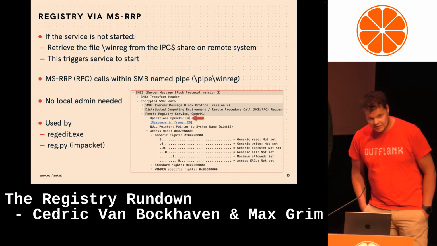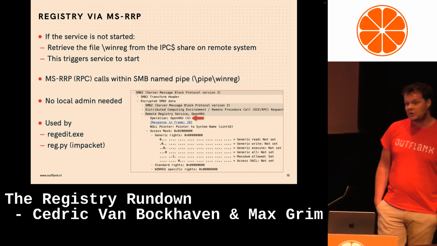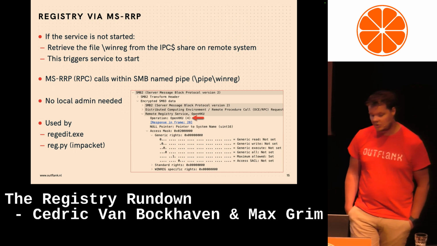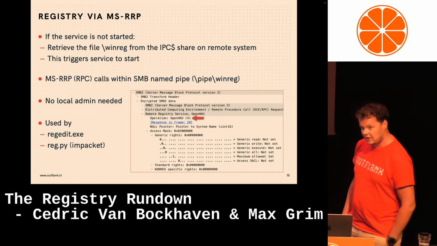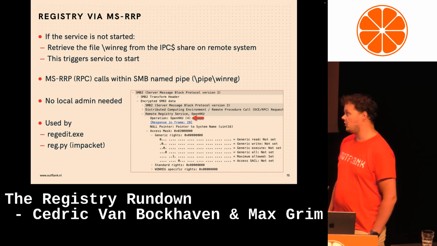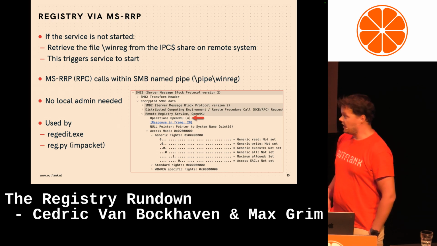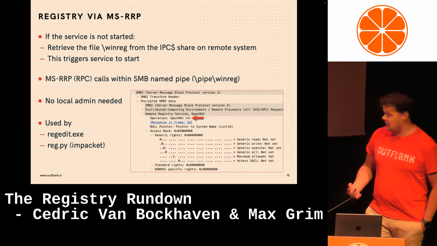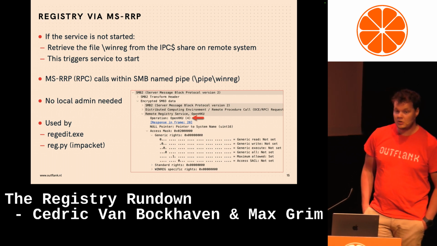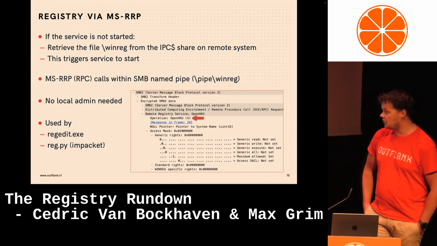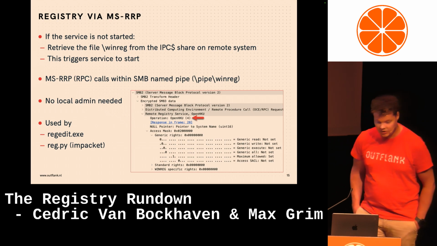And the nice thing about this protocol is that you don't need to be a local administrator on the remote machine. So essentially any domain user in your domain can go to a server and talk to the remote registry over it. You can actually do this in regedit. In regedit there's a context menu where you connect to a remote server. Or you can use other tools such as reg.py, which is part of the Python Impacket toolkit.